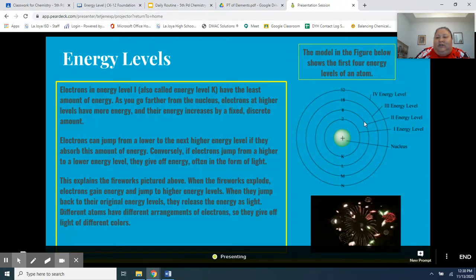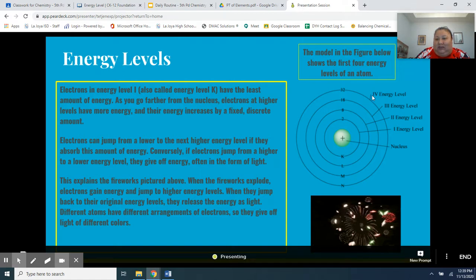If we're talking about energy level number 2, that's like saying electrons have medium energy. If you're talking about energy level 3, electrons here will have a medium high energy. And if you're in energy level 4, you have a very high energy. So electrons with low energy, electrons with medium energy, electrons with medium high energy, and then over here in the 4th energy level, that's where you have electrons with the highest amount of energy.